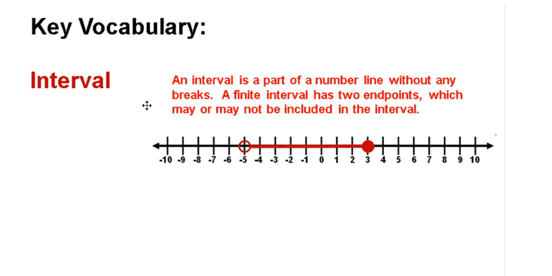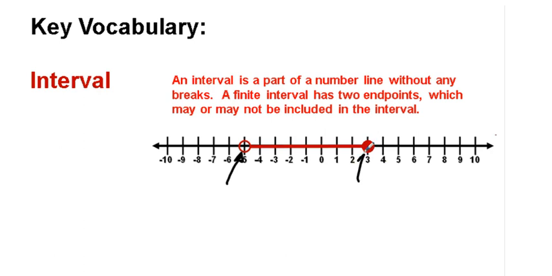So here we have an example of a number line, and here between -5 and 3 we have an interval with no breaks. With the open circle, this is greater than -5 but less than or equal to 3.